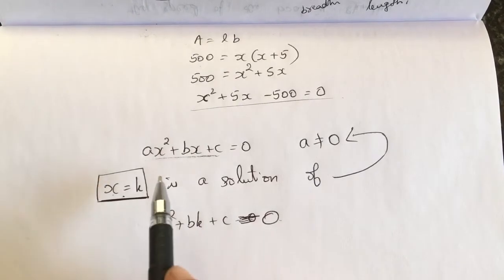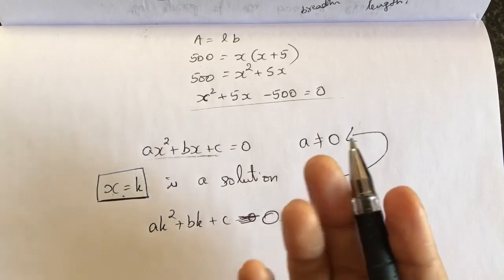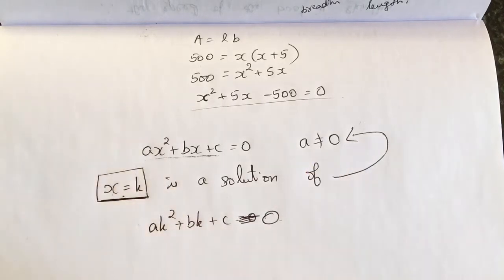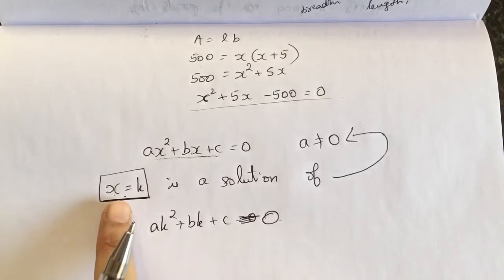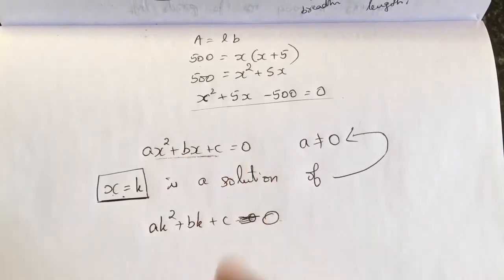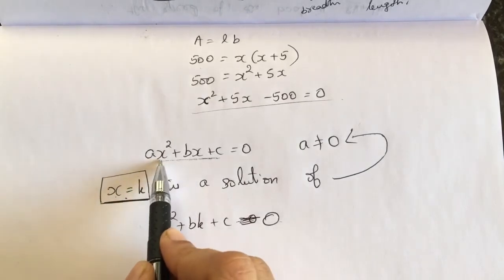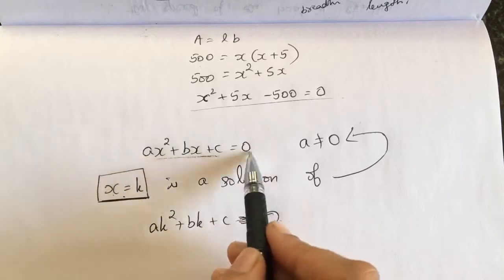Okay, we have studied what is the root of an equation, and we have already learned how to get the zeros of a polynomial. Zeros of a polynomial means roots of a polynomial. It means it's a solution of the polynomial. What value of x makes the quadratic equation 0?